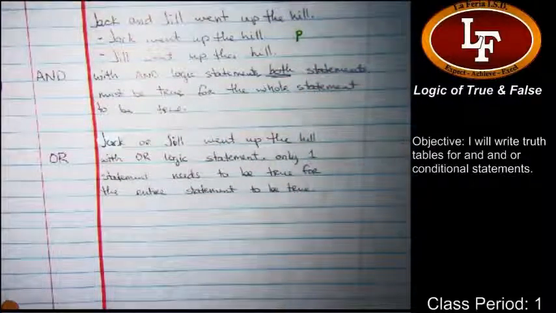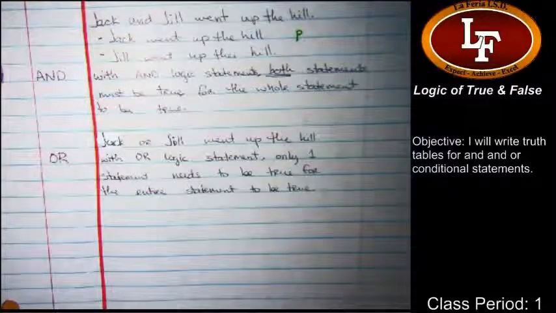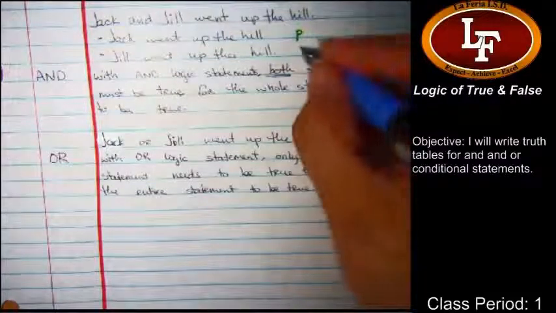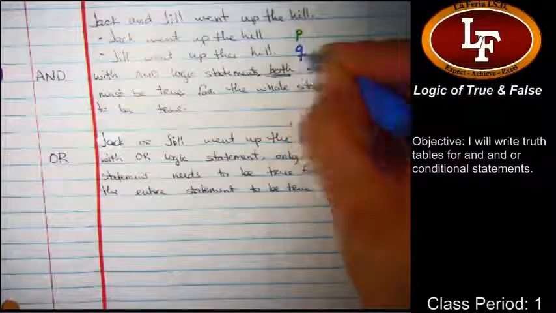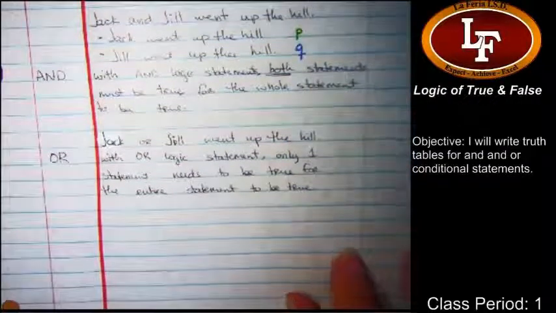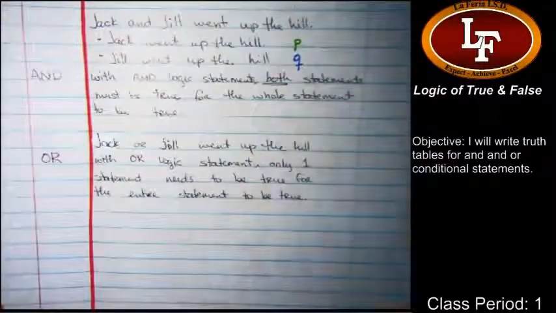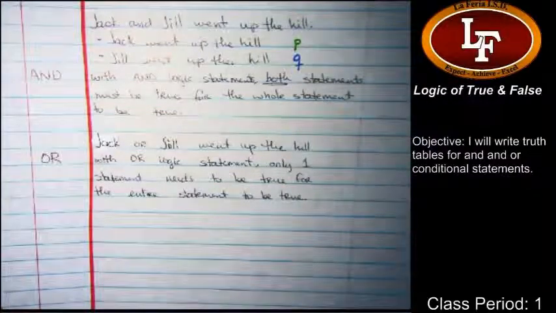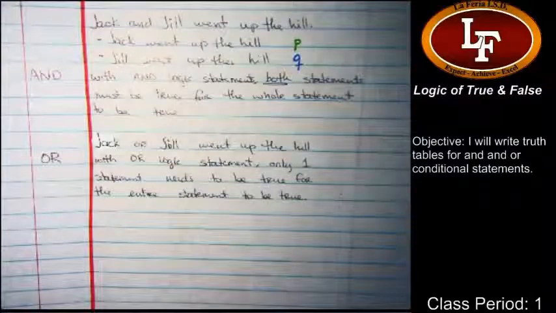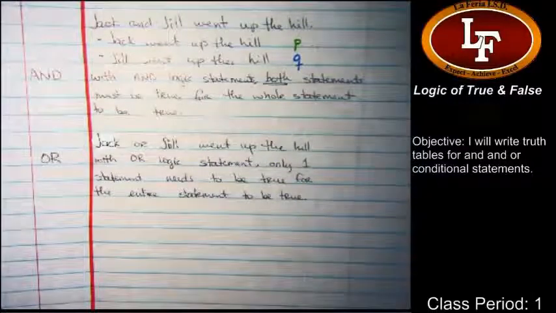P is representing any statement we want to say, from Jack went up the hill to cats are furry. And I'm going to replace the second statement, Jill went up the hill, with the letter Q. So now Q can represent some other statement. Yeah, the sky is purple. Okay? With me so far?